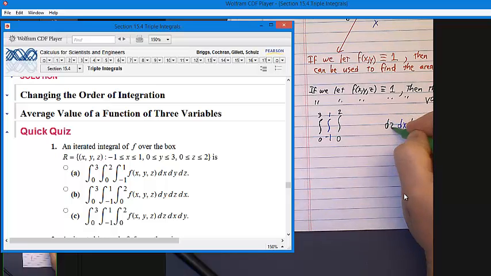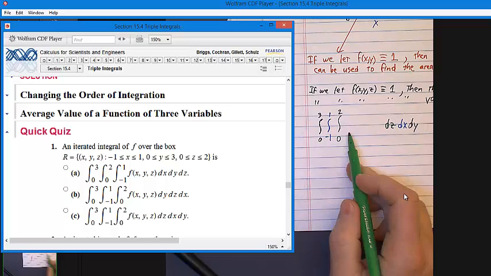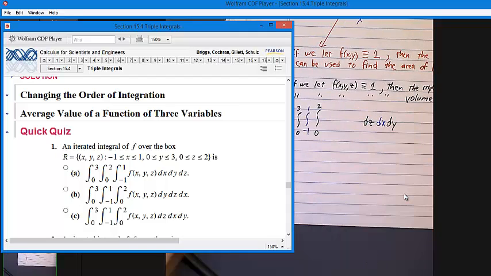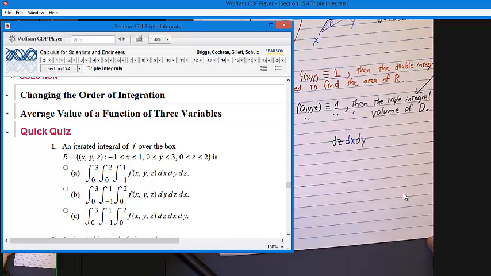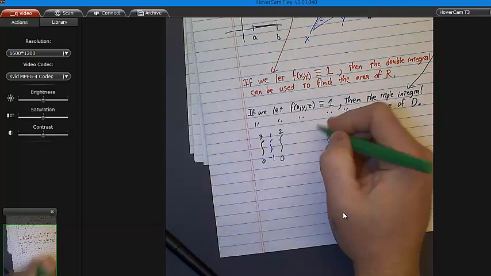We already did y, so there's dz, right? And then you're integrating some function. Now, I just above this said, if we let f of x, y, z equal 1, then the triple integral actually computes the volume. Well, let's do that boring example because it's easy.